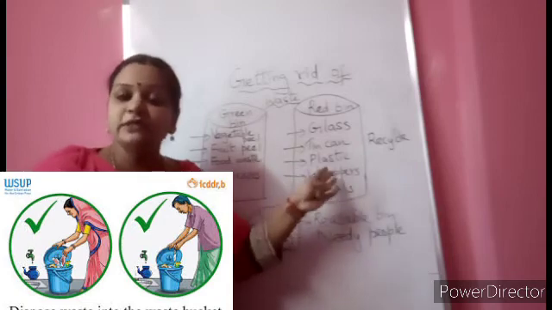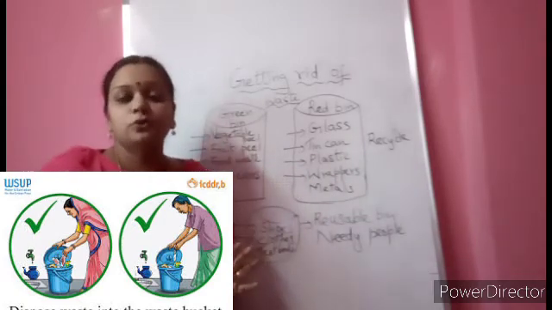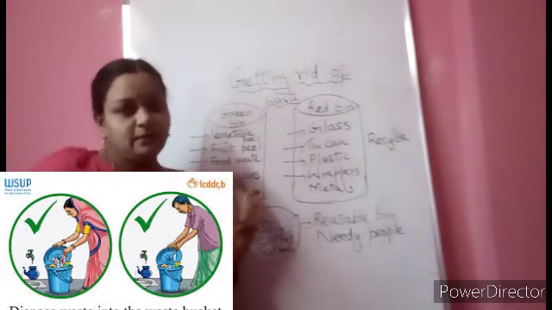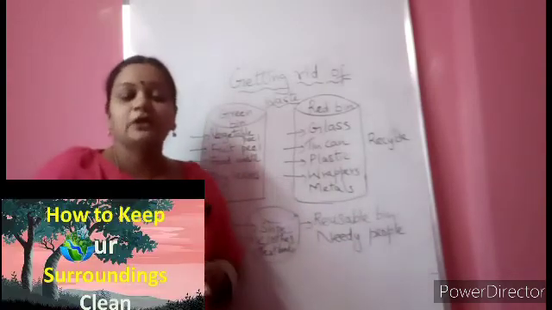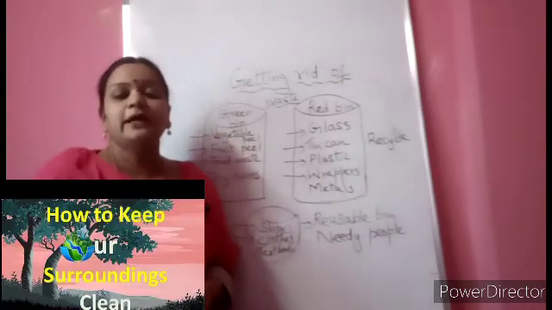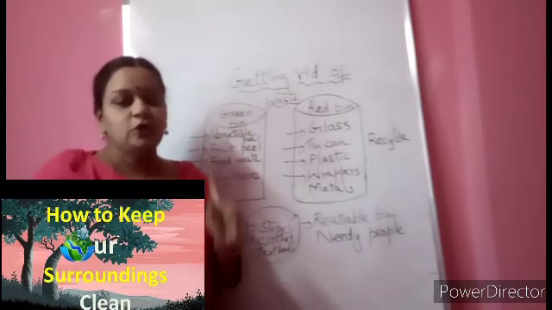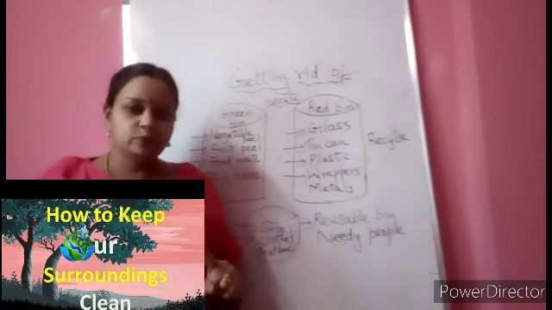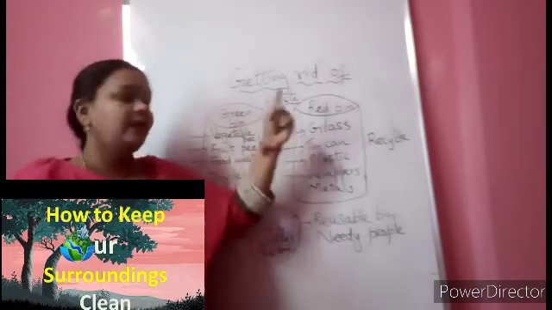When we do this, our environment will be very safe, and these all will become manure, good for growing plants. And these all can be recycled, so that the waste gets reduced and we can live safely on the earth. So by now you all know how to dispose of waste properly, and the very important part of disposal is the green bin and the red bin.